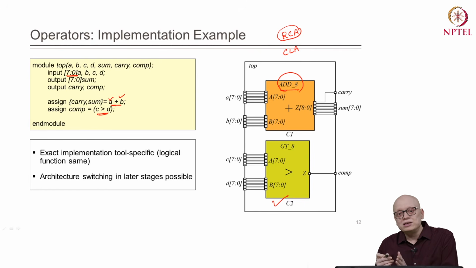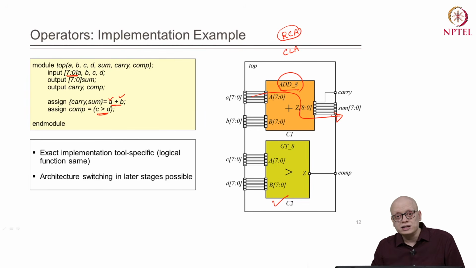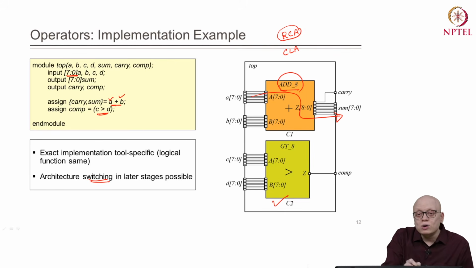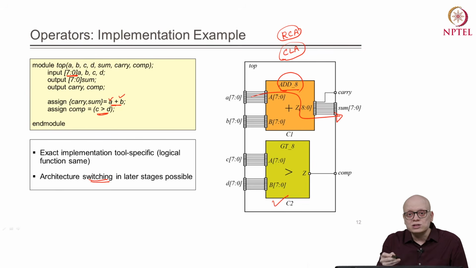Later on, when it does logic synthesis and timing analysis, and discovers that this particular adder is in a critical path and we need to improve its timing or reduce its delay, then it can switch to another architecture, for example, a carry look ahead adder, and instantiate that in our design. So, those kinds of architectural switching can happen later in the design flow.